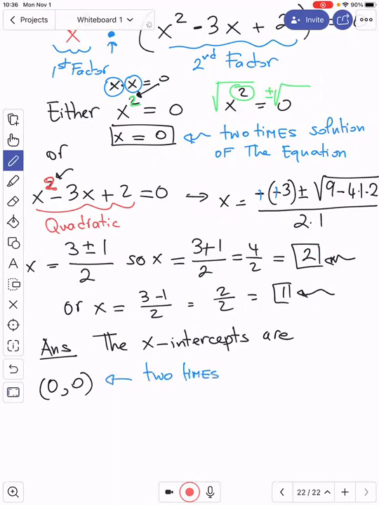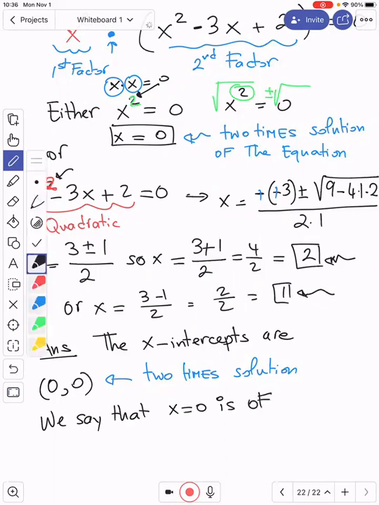It counts for 2 solutions, 2 times solution of the problem. And actually, we say that 0 here is of multiplicity 2. So we say that this solution, the x equal to 0, is of multiplicity 2.